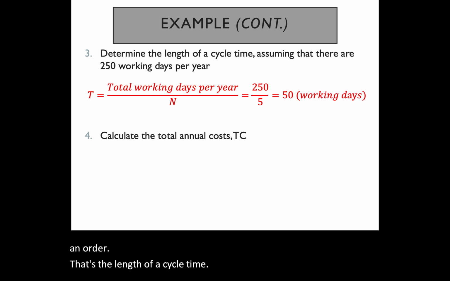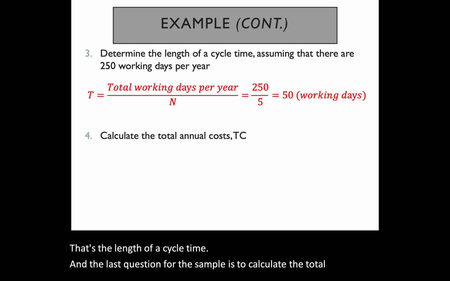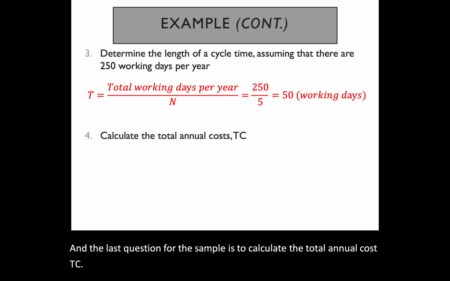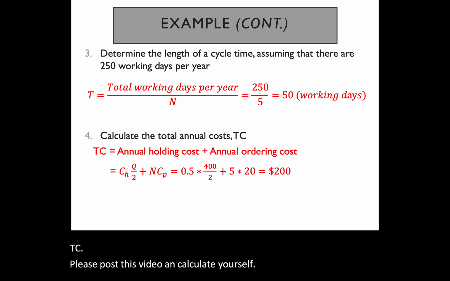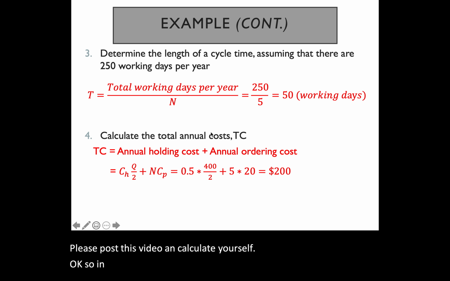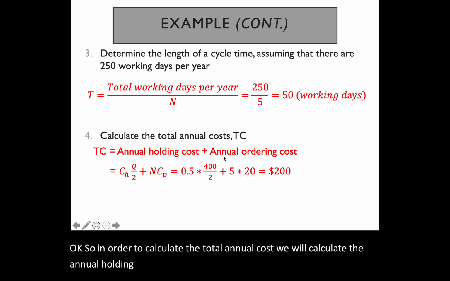And the last question for this example is to calculate the total annual cost, TC. Please pause this video and calculate yourself. Okay, so in order to calculate the total annual cost, we will calculate the annual holding cost plus the annual ordering cost.